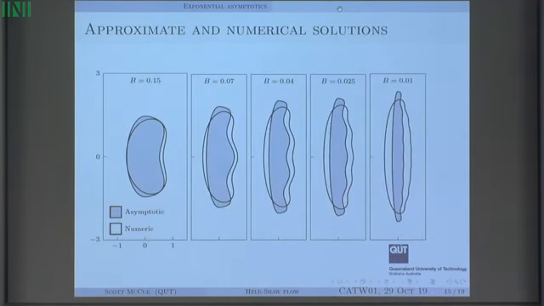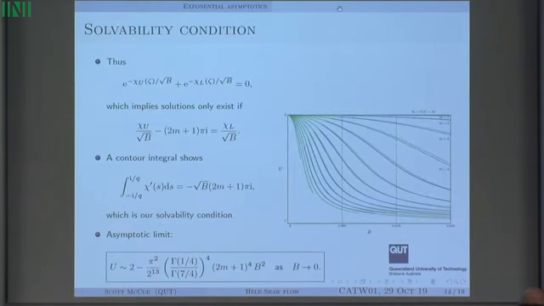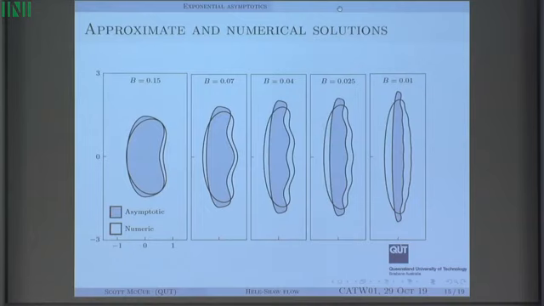I already have numerical solutions for my bubbles. What I want here is some analytical description, but it's of course of interest to compare what you have with the numerical solutions, and I've just done that for the solvability condition here, and I'm claiming that these look very nice because they do. Now I want to compare the bubble shapes, but a problem here is that if I want to actually plot the bubble shape with my methodology, I've got, say, the leading order term, or the mapping from the zero surface tension problem.